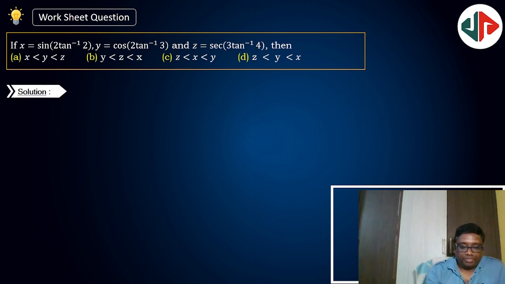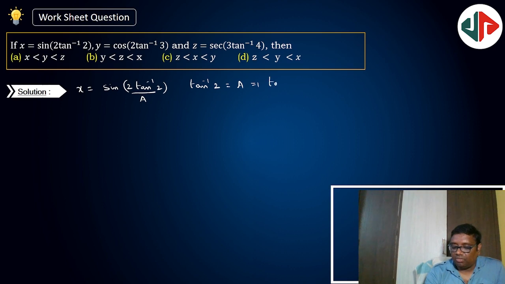Let us see. Here x is equal to sine of 2 times of tan inverse of 2 is given. Let us consider this is a. Then tan inverse of 2 is equal to a, I will consider.